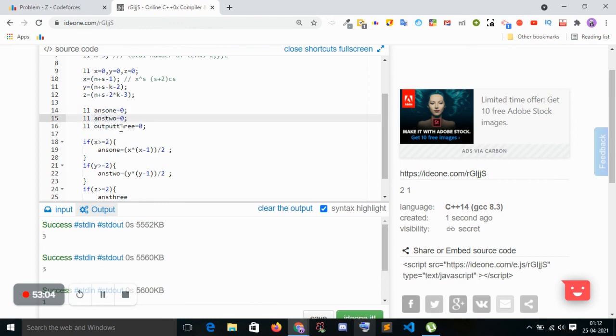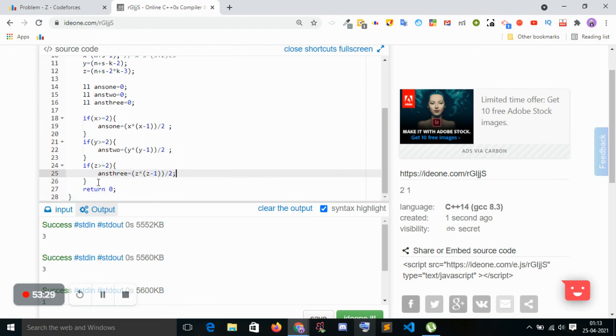Okay. Now answer 3 equals z into z minus 1 divided by 2. Okay. So now we're actually getting the formula.